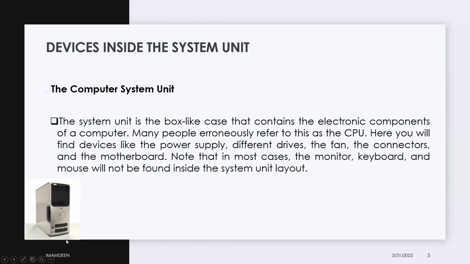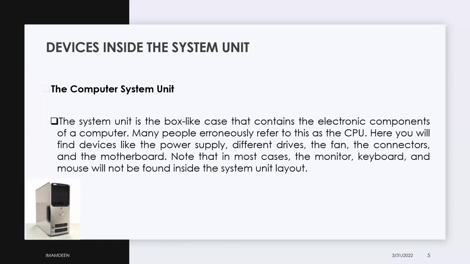This is the full case, with the RAM, ROM, and monitor, everything we connect to this machine. Here you will find devices like the power supply, different devices, the fan, the connectors, and the motherboard, right? Note that in the case, the monitor and mouse will not be found inside the system unit layout.